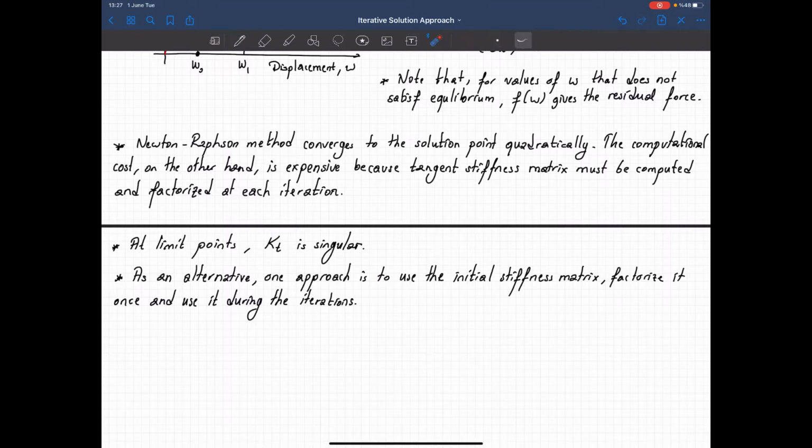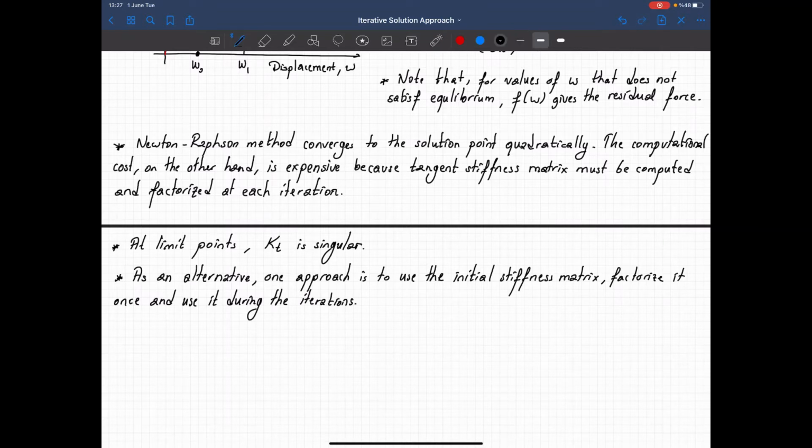So here we are using the initial stiffness, factorizing it just once and using it in the iterations. Of course, this approach will increase the number of iterations, but at the same time it saves us from calculating and assembling the tangent stiffness matrix at every iteration, and also we don't have to factorize it.